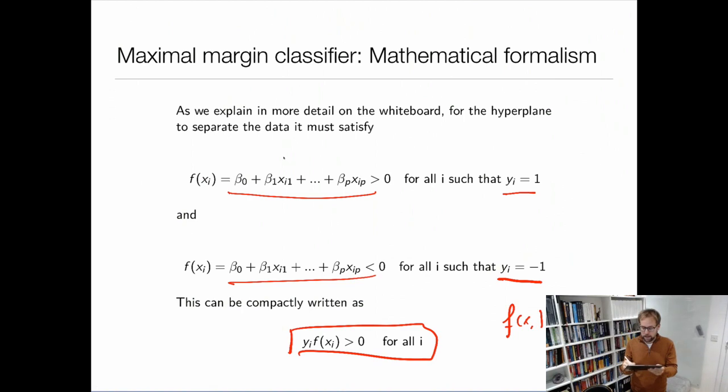But if yi is equal to -1, I get minus f of xi bigger than 0, which is equivalent to f of xi being less than 0, the second relationship here.